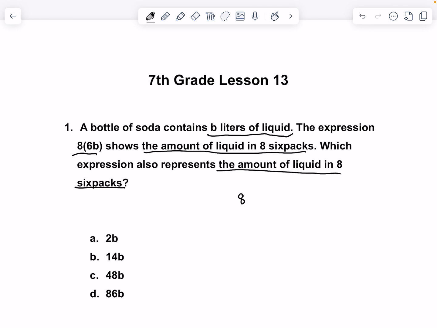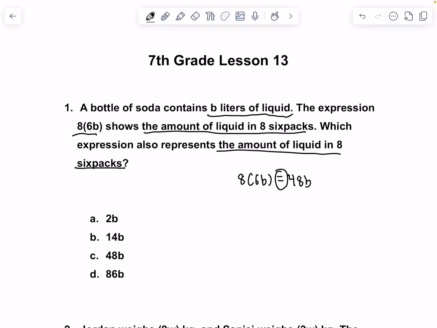If we multiply 8 times 6B, it will be equal to 48B. And since 8 times 6B shows the amount of liquid in 8 six-packs, and they are equal, this means that 48B also represents the amount of liquid in 8 six-packs. So the answer would be C, 48B.